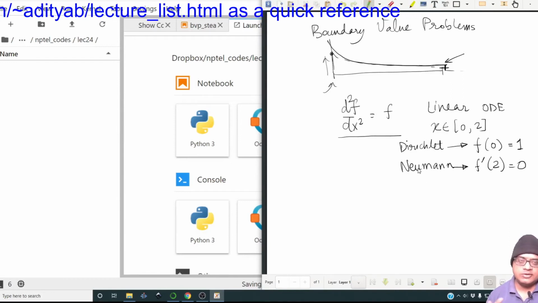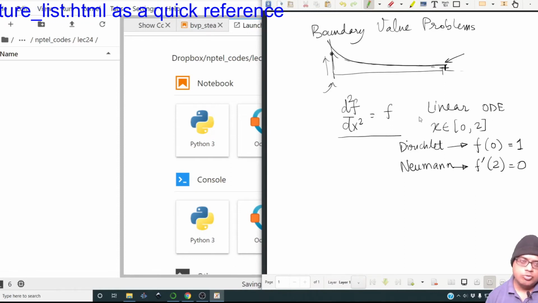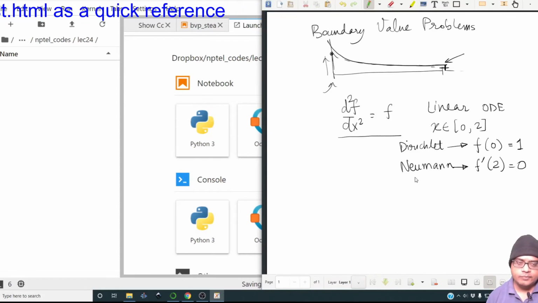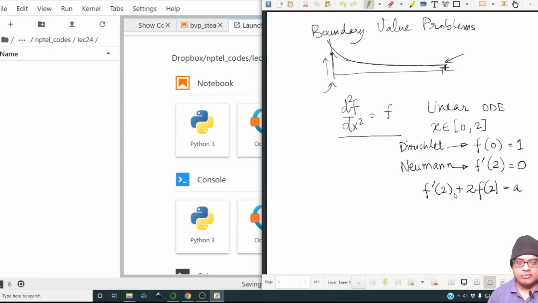And so this is how you distinguish between a Dirichlet and a Neumann. Alternately, you could have the situation where you have a mixture of both, that is something like f prime at 2 plus twice f of 2 equal to a or something. So it's a mixture of the first derivative and the specified value of the function, and this kind of boundary condition is known as the Robin boundary condition.